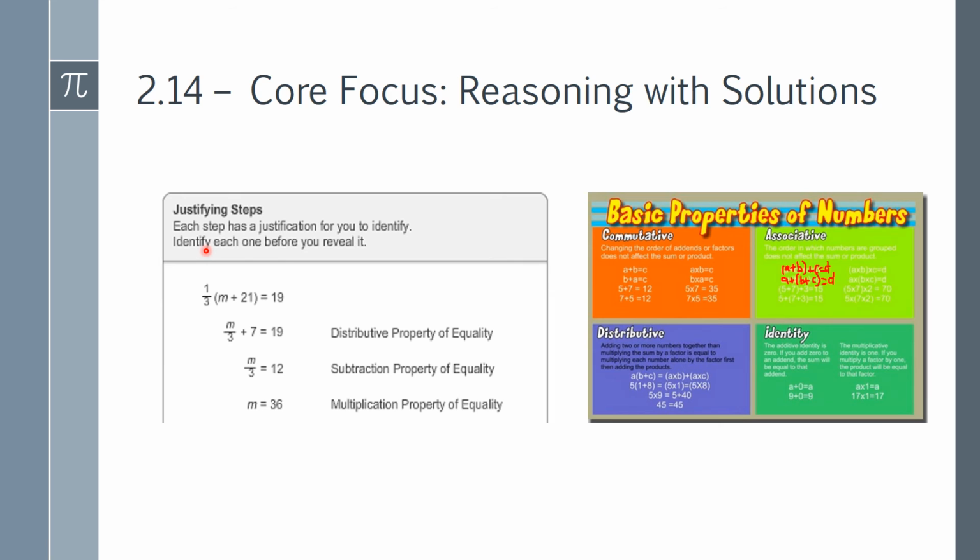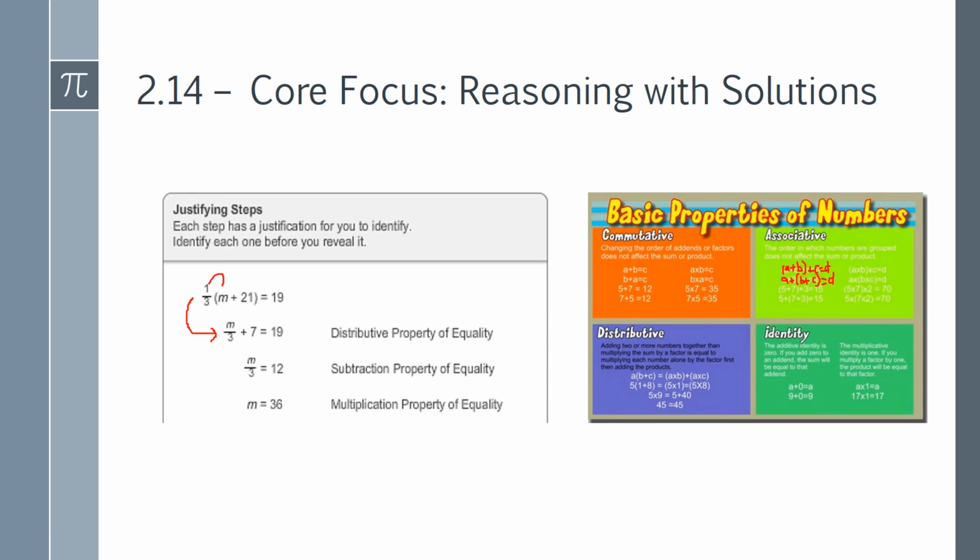So when you're justifying steps, you have to give a reason. Why are you allowed to do what you just did? So follow through what happened, and the easiest way to do this is really ask yourself what actually happened between each line. So looking from here to here, ask yourself, what did they do?